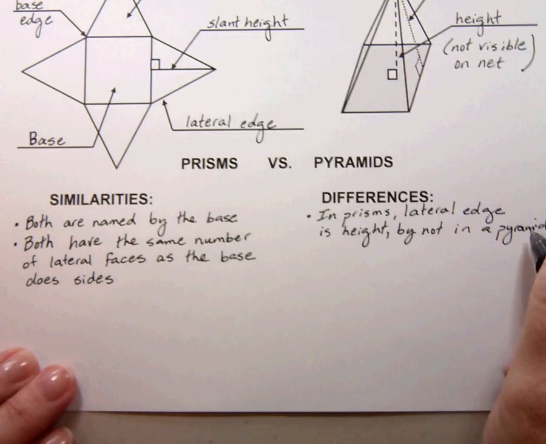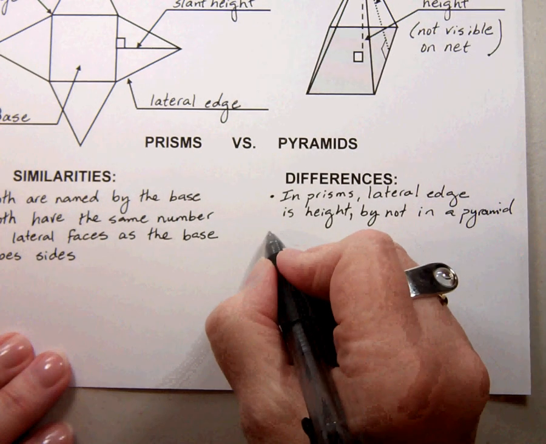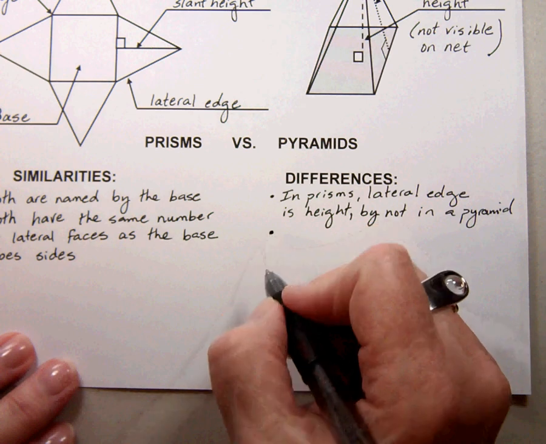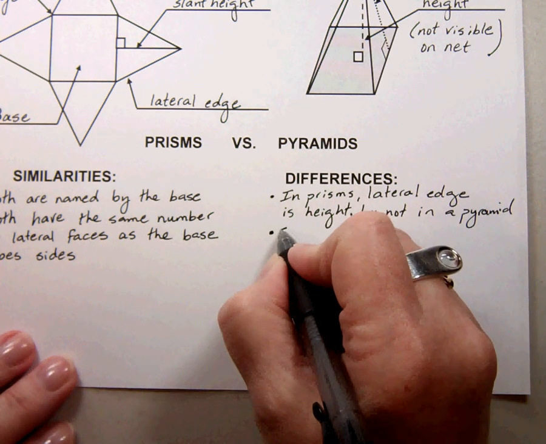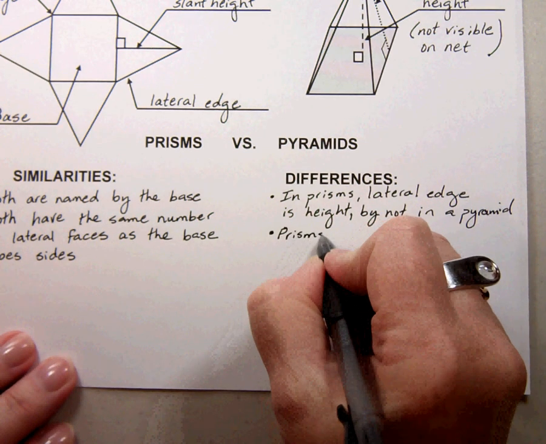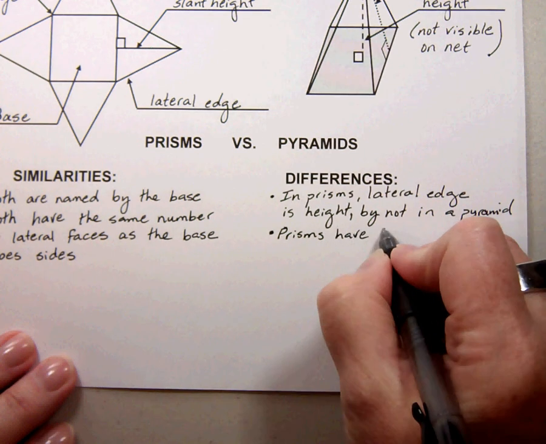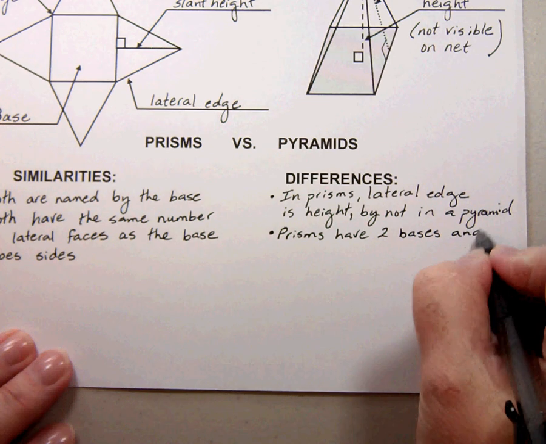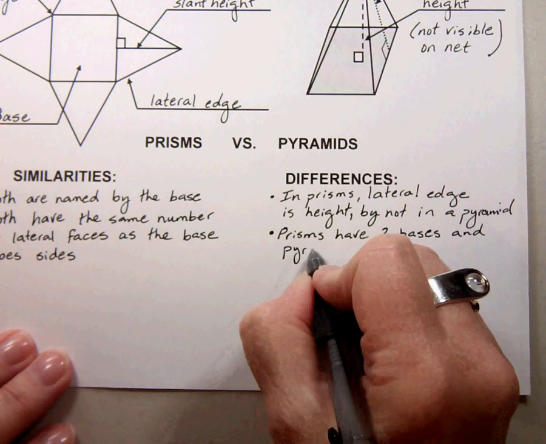I'll show you an example of that in just a minute. Another difference is that prisms have 2 bases, and pyramids have only one.